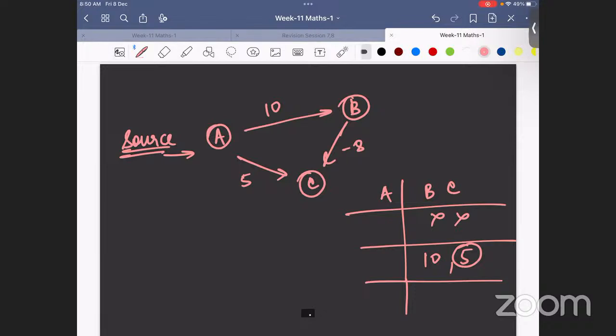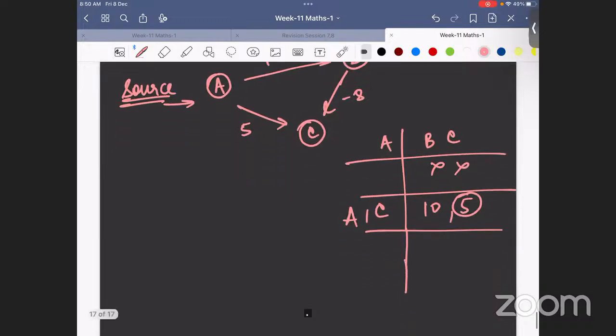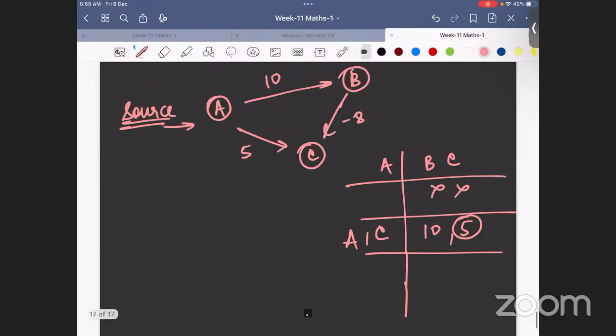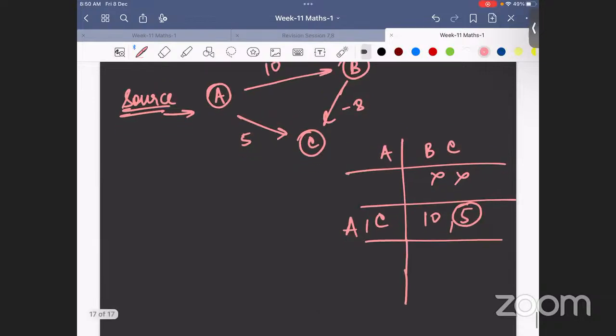Right? So you can take out this AC. Now using AC, can you reach B? Sir, I have a doubt. Actually, this graph is a directed graph. Then how can we reach B?